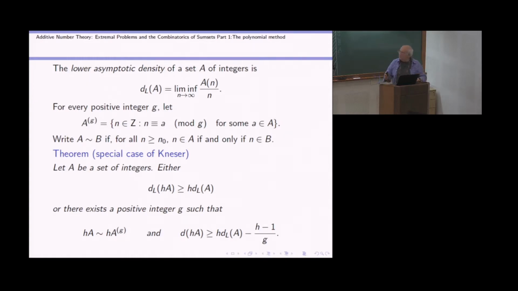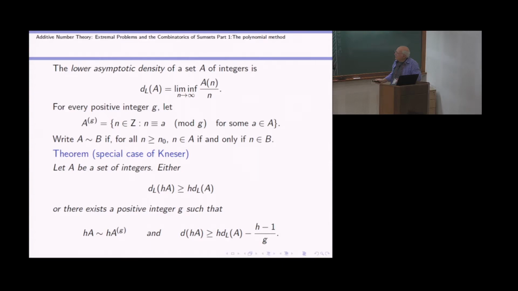But what Kneser showed is that this sort of simple counterexample to the inequality is the only counterexample. So Kneser's theorem says that if this inequality that you would like doesn't hold, then there's a positive integer G such that, if you take A and look at all the congruence classes mod G, the sumset hA is the same as the sumset of the congruence classes.